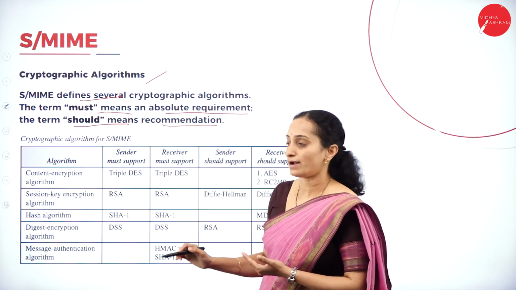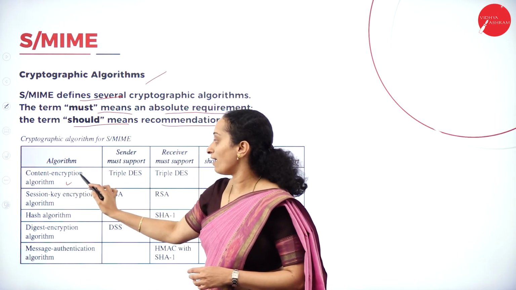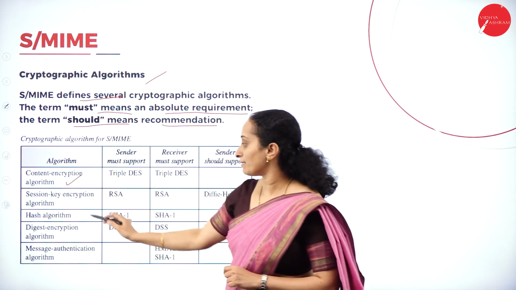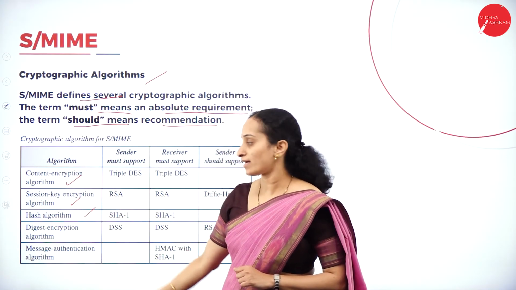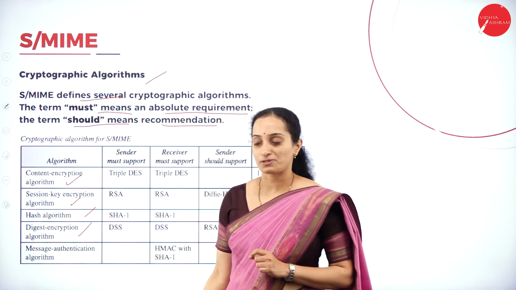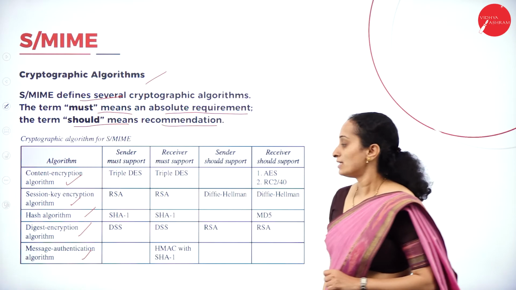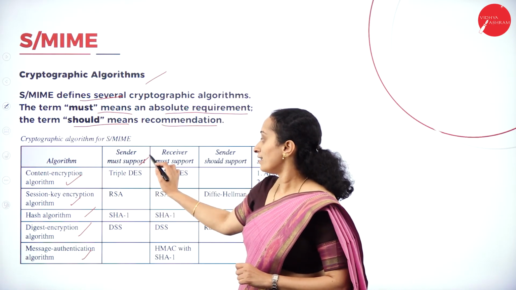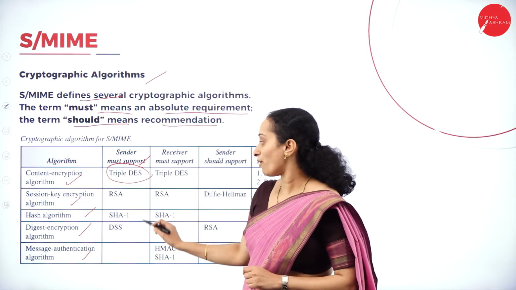Must is a required one and should is a recommendation. So here we have the content encryption algorithm, session key encryption algorithm, hash algorithm, digest encryption algorithm, and message authentication algorithm. Okay, the sender must support the triple DES format.